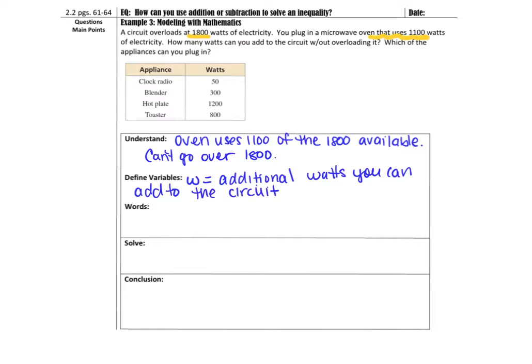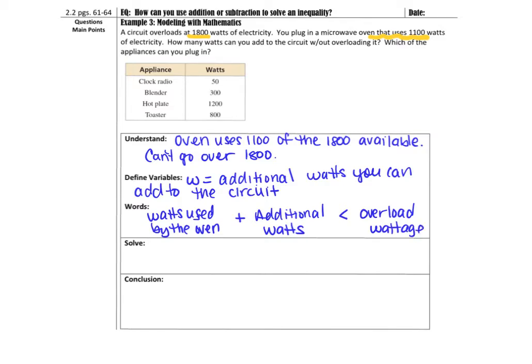If we write this out in words, we have our watts used by the oven plus whatever additional watts are not being used by the oven. That has to be less than the overload wattage. It can't be equal to, because it overloads at 1800. If I hit 1800, your breaker is going to blow. So we have to be less than 1800.